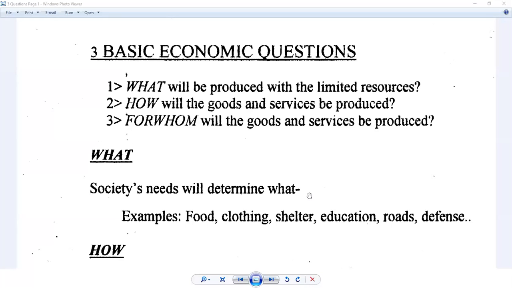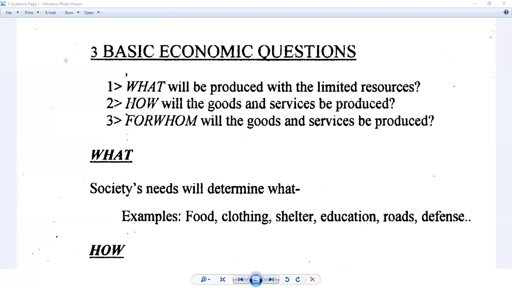Another way to look at this is simply this. Different societies in different countries have different governments, different cultures, different types of people. All an economic system is how a particular society or country wants to answer those three questions right there. That's all an economic system is.